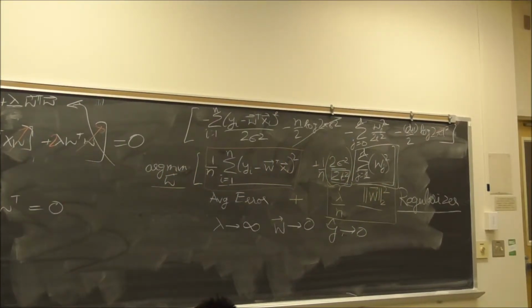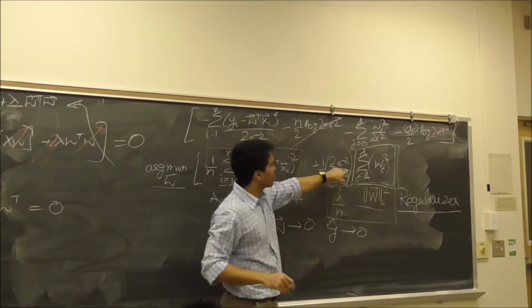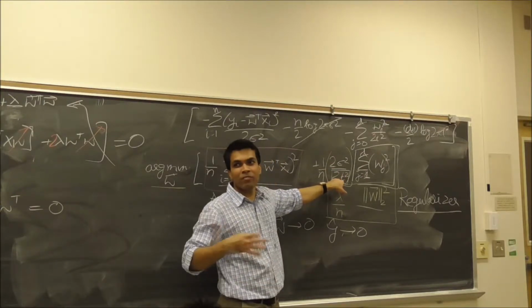So if some features have a large magnitude in general, then the W for those would be non-zero. I mean, this would prefer those as compared to those features that are really small. So can it be taken care of by changing the mean prior for those features? Yeah, so here we're making an assumption, right? The assumption we made was that the variance, the t, is the same in every dimension.